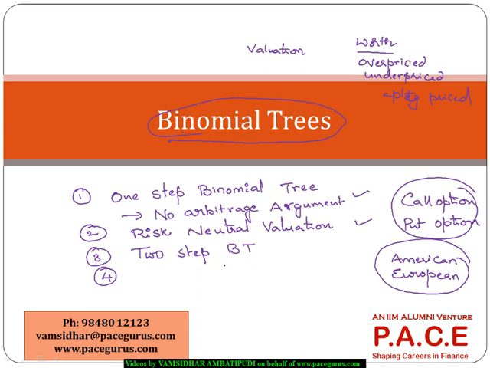Then I would like to bring in the concept of delta, which has to do with the sensitivity of the option. So how do I evaluate the sensitivity, or the delta, using the binomial tree approach? Then how do I get into the volatility assessment using the binomial tree approach?